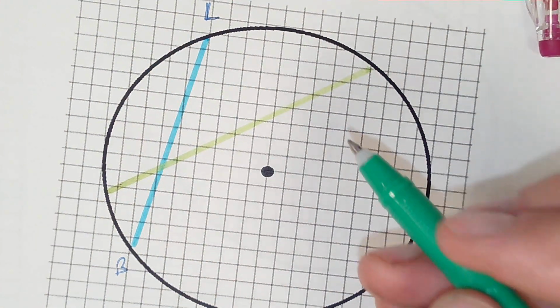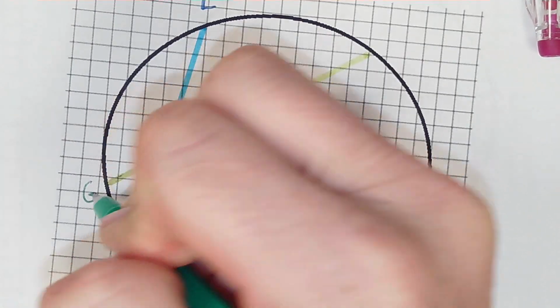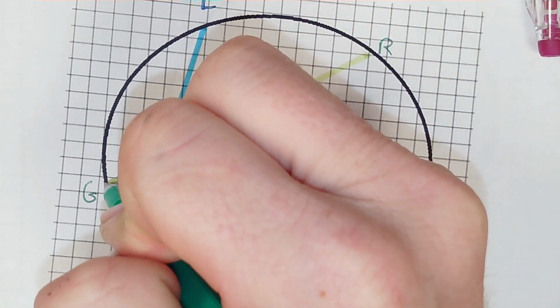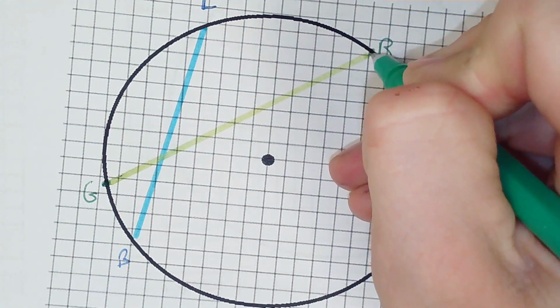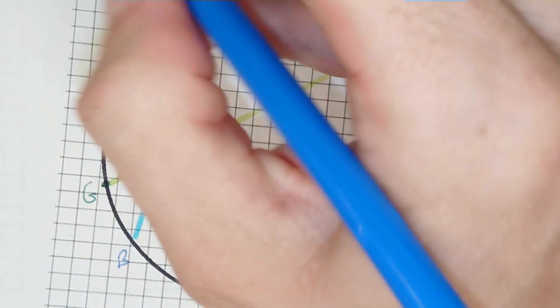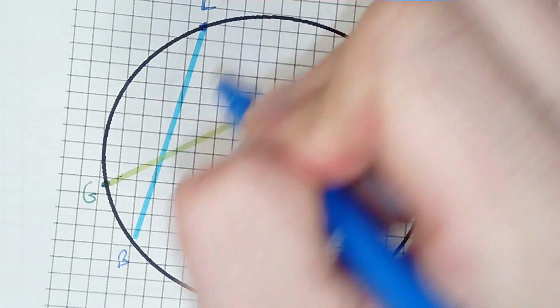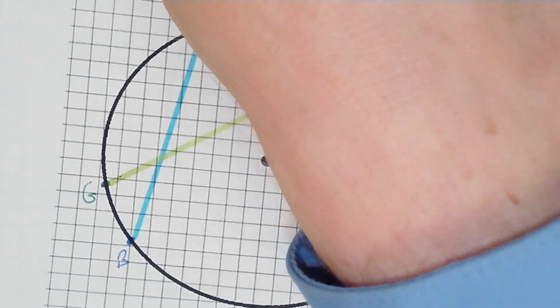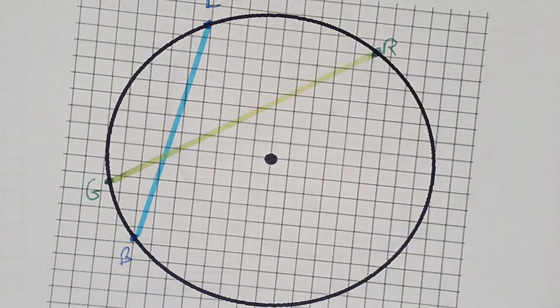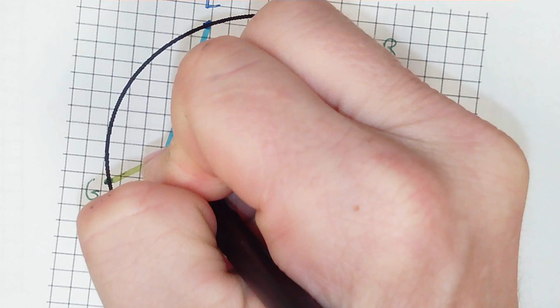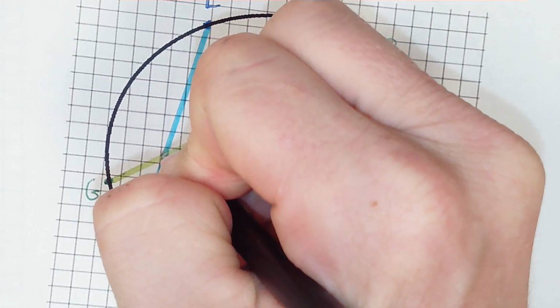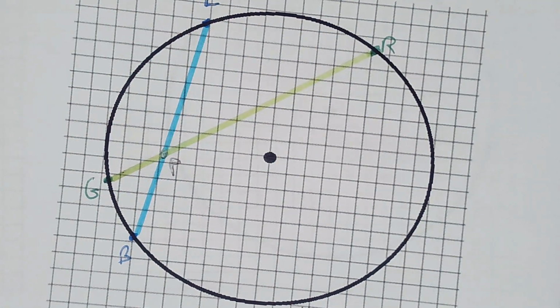And we'll call this one BL for blue, and we'll call this one GR for green, point G, R, point B and L, and they intersect at point P.